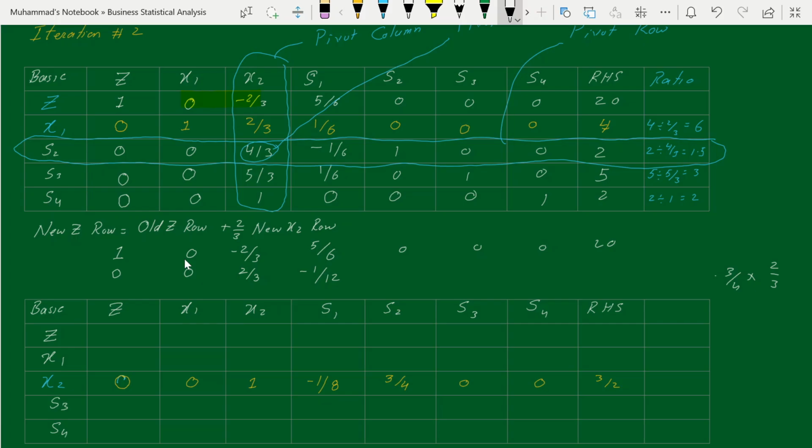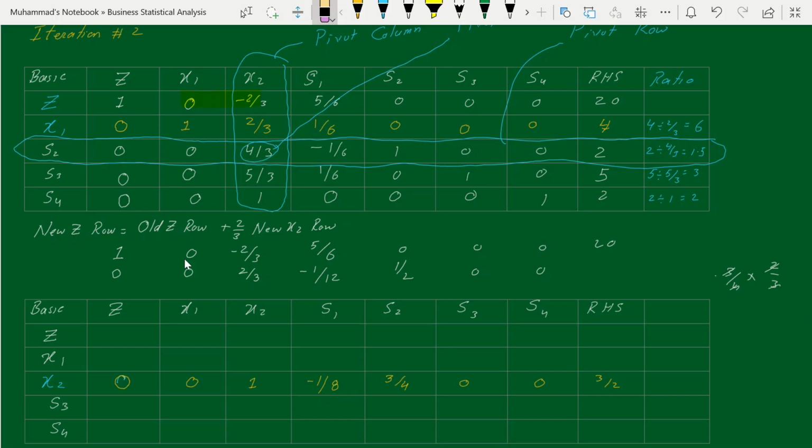So 1 by 2. Here we can write down 1 by 2, and then this is 0, 0.